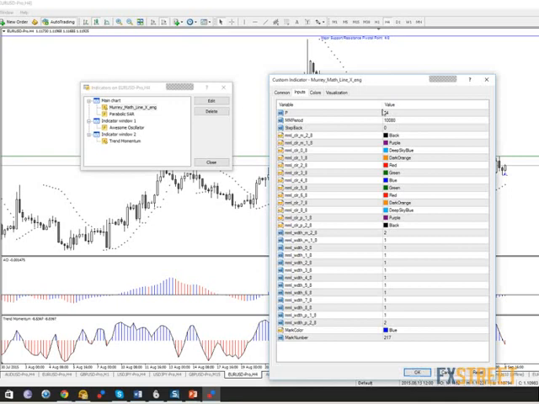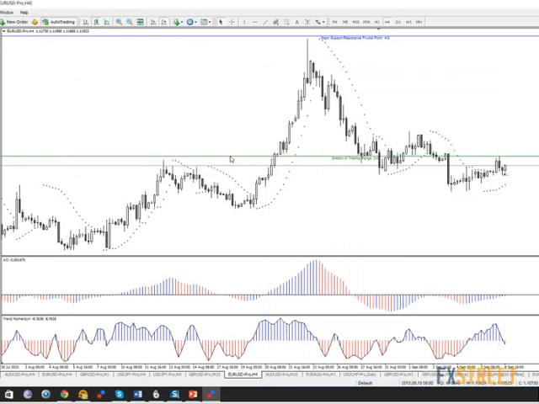Because Murrey lines are traded on the 4-hour time frame, and we need to use weekly pivot points, not daily pivot points. This is swing trading. That is why you should put 10.08 on the 4-hour time frame. I haven't tested it on lower time frames, so I cannot tell you that it's very effective on lower time frames, but at this point it's effective on the 4-hour time frame.